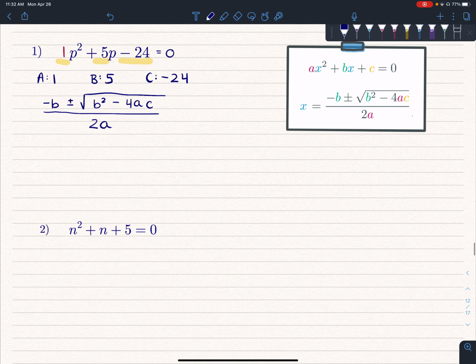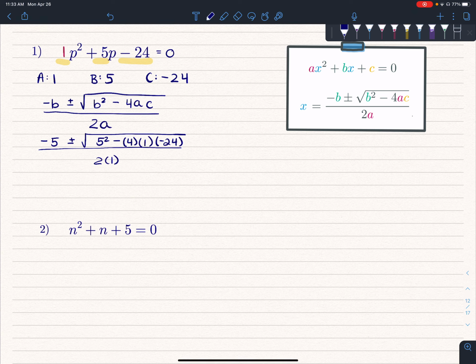And we're just going to put in each number one at a time. So we've got negative 5 plus minus the square root of 5 squared minus 4 times 1 times negative 24. And then on the denominator, we have 2 times 1.